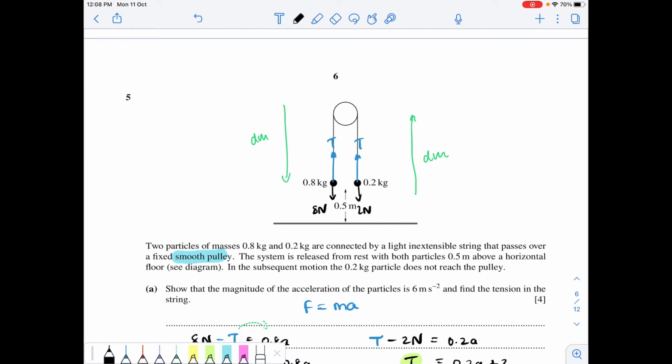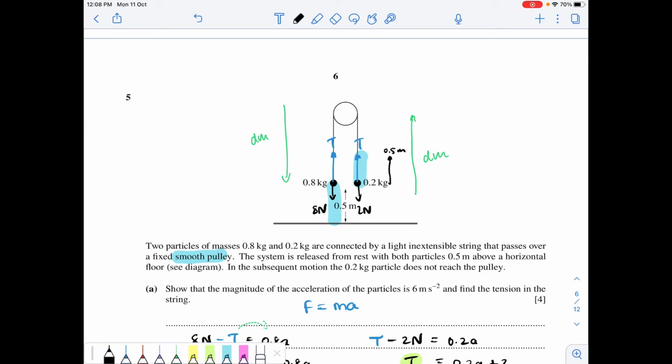And so we can already say that the particle that is 0.8 kilograms will move down 0.5 meters, and as it moves down, the 0.2 particle must move up 0.5 meters.